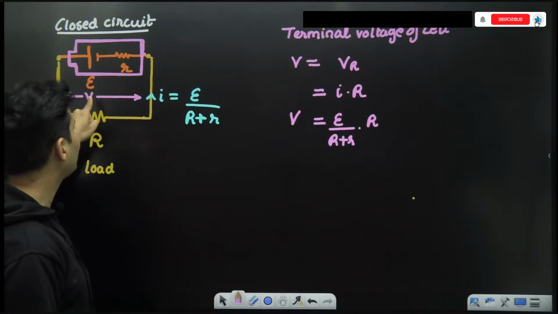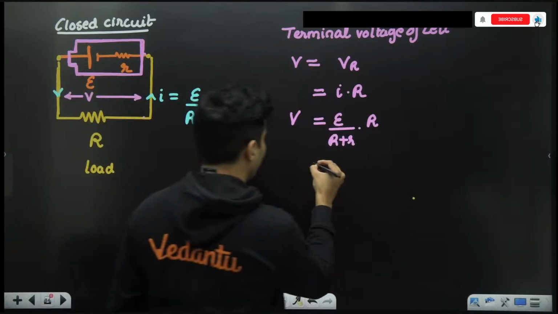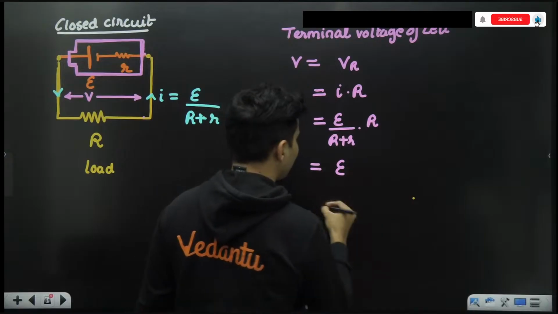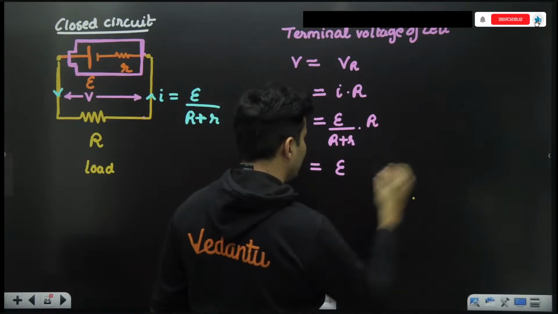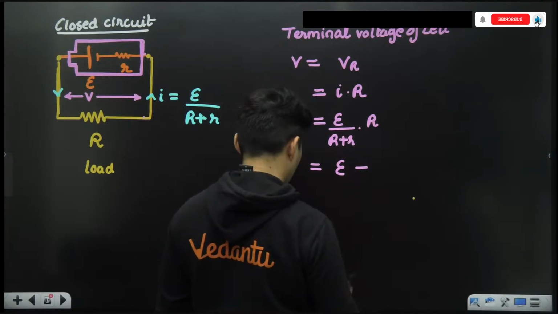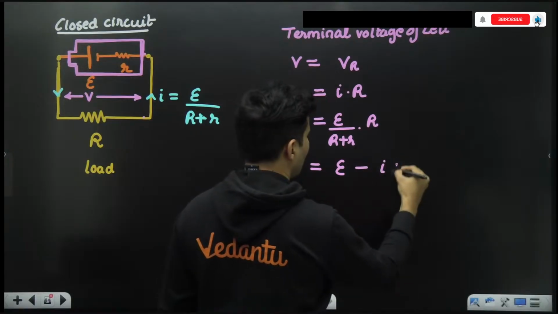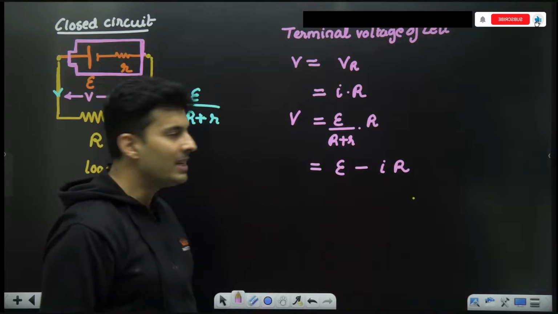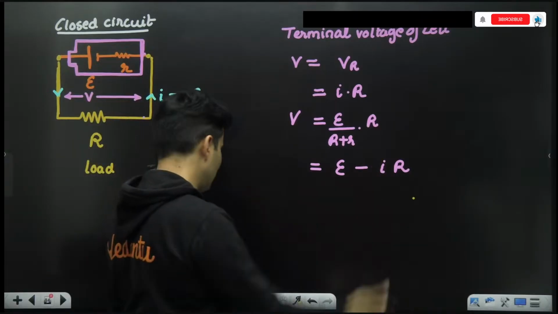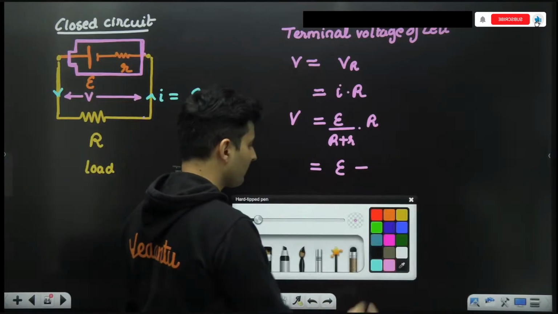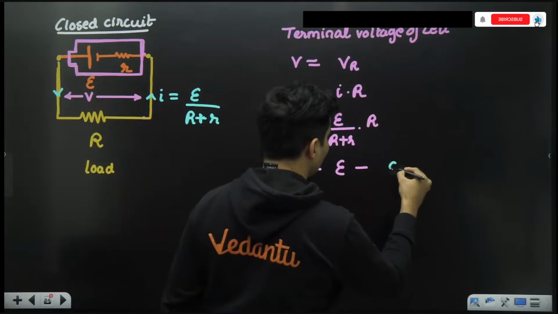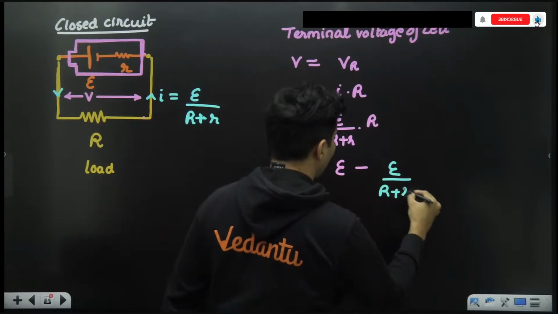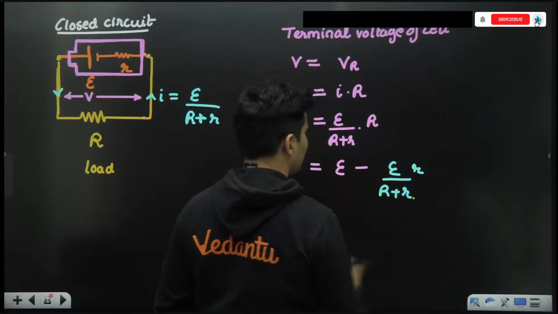But I can also see that this particular voltage, I can say it is E minus I into r. And notice why it is also E minus Ir, because if I substitute I over here, which is E divided by R plus r, and this is small r.